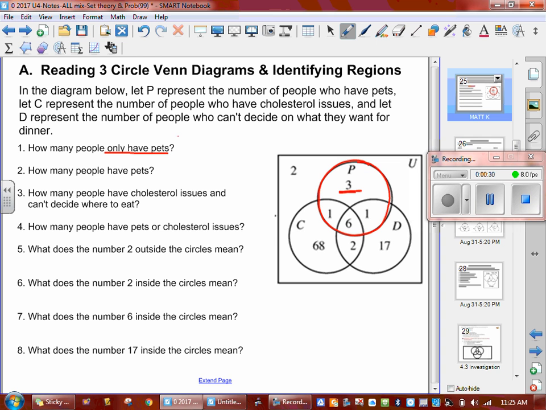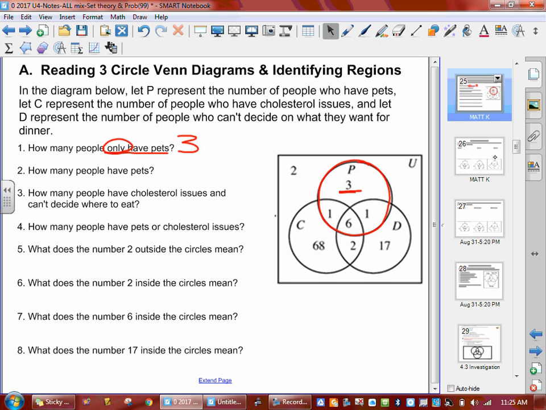So how many only have pets? That would be 3. Okay? So we're trying to identify the regions. Now, how many people have pets in general? Did it say only in that question? No. So it is different from question 1 because question 1 said only. So now, for this next question, I want everything in those circles.